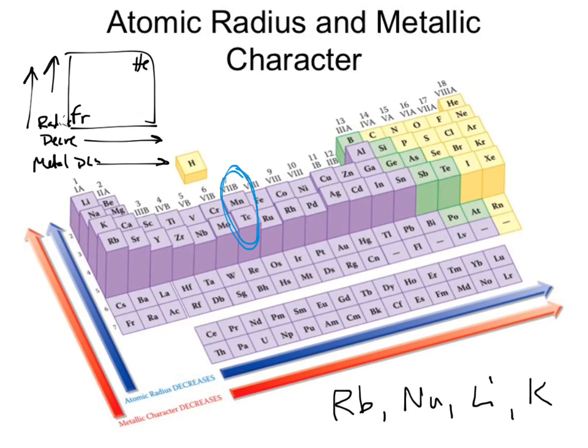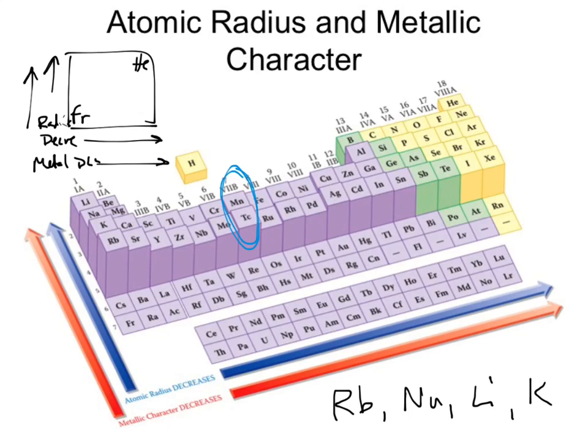Okay, where do we transition from being metallic and non-metallic? Could you point to it on the periodic table? We can point to the ones on the wall because they're a little bit easier. Where's our, or actually we could even use the one that's up on the board. Green.